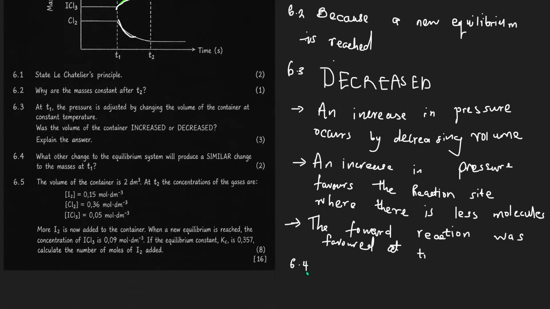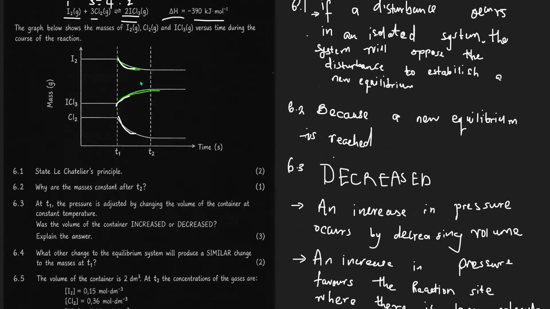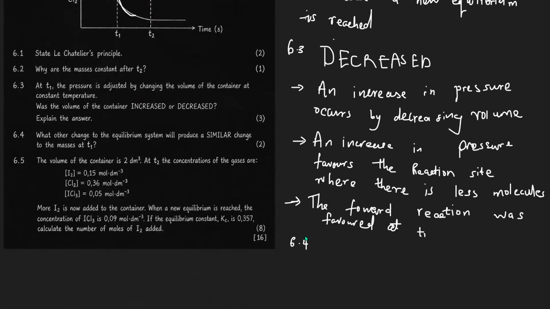6.4, what other change would produce a similar change to T1, favoring the forward direction? We know delta H is less than 0, and we are trying to favor the forward direction. The forward direction is exothermic, and an exothermic reaction is favored by decreasing temperature.